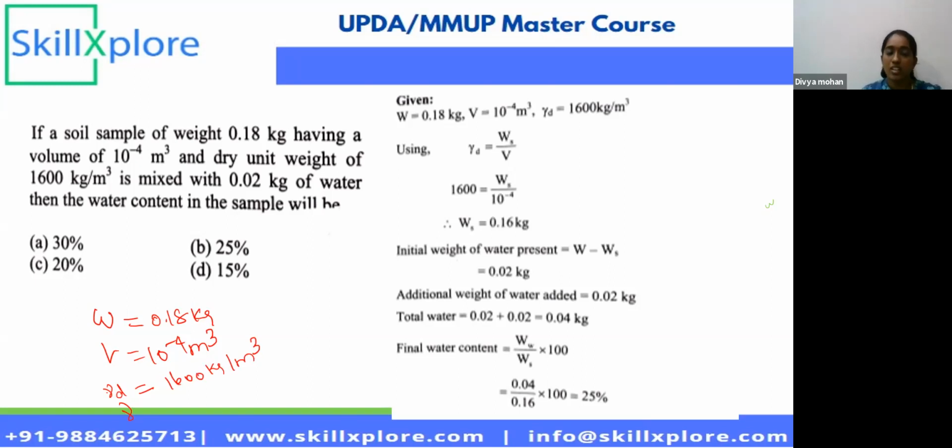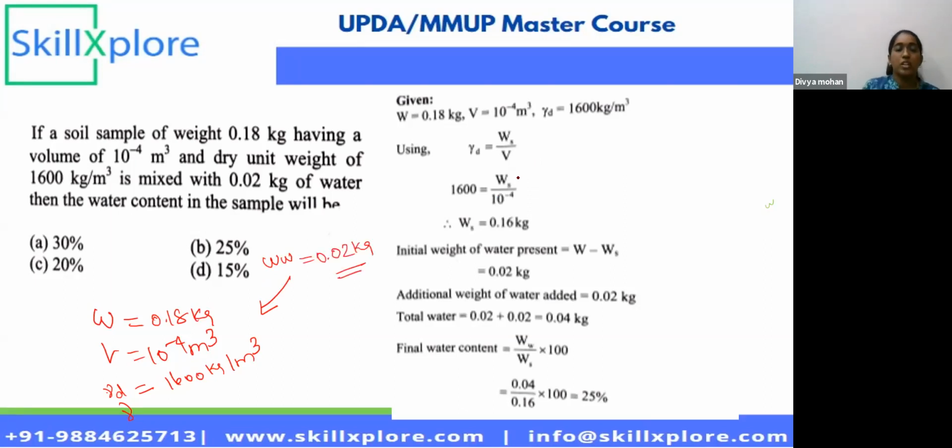Then what will be the water content in the sample? They are mixing an additional water into the soil mass, so they are expecting the total water content in the soil. The Ww which is added is 0.02 kg.